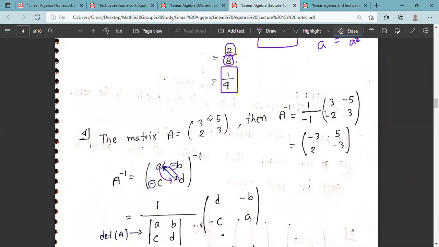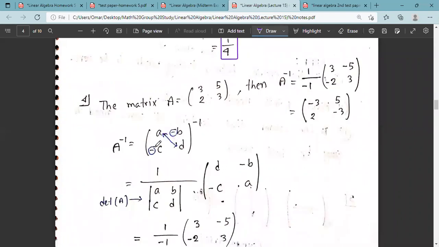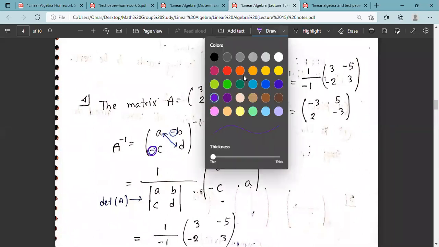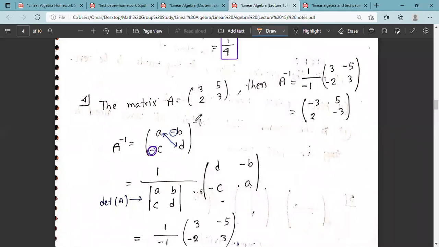Exchange the position of the first corner, and then multiply a minus sign with the second corner. So if you look here, I have written them. So multiply a minus with the second corner.